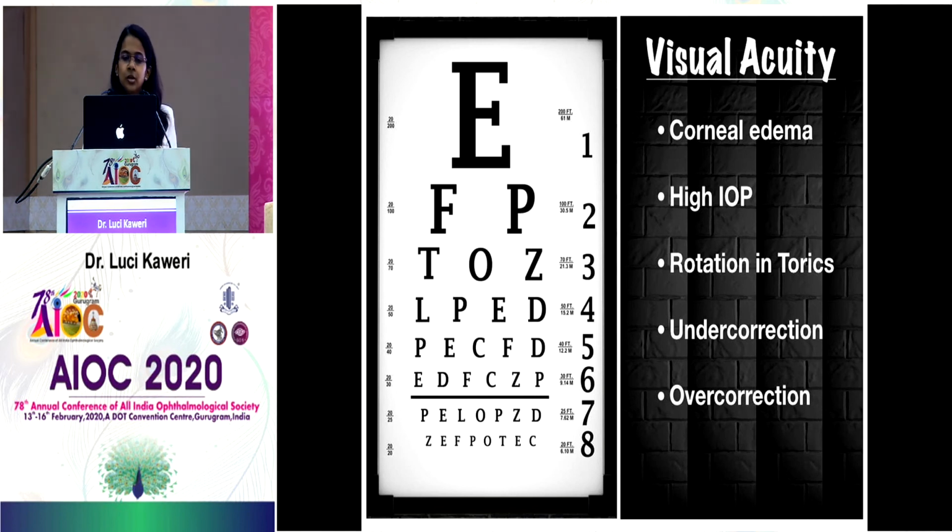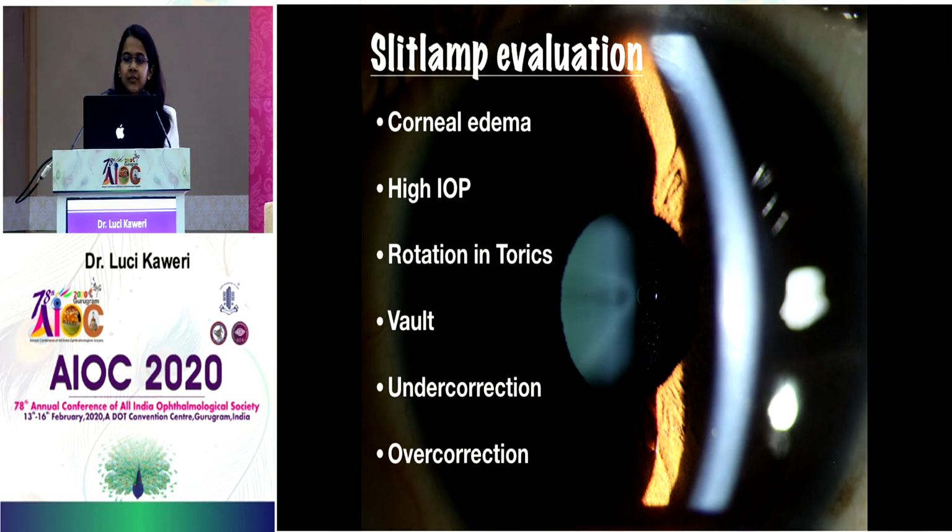It would also let you know if there is high intraocular pressure, and in cases of toric phakic IOLs, whether there is any rotation, undercorrection or overcorrection. Next to this is a good slit lamp evaluation, which will help you determine any of the earlier suspicion that visual acuity had raised.